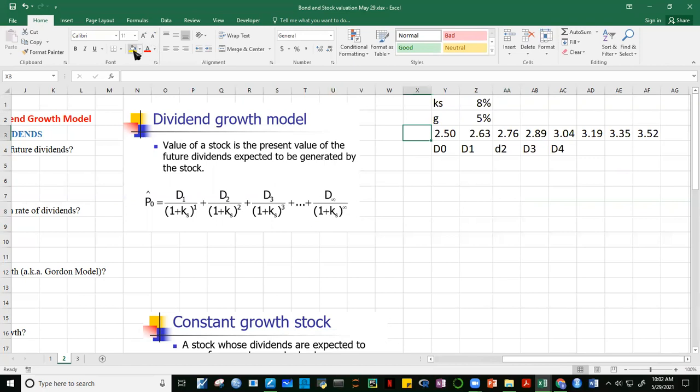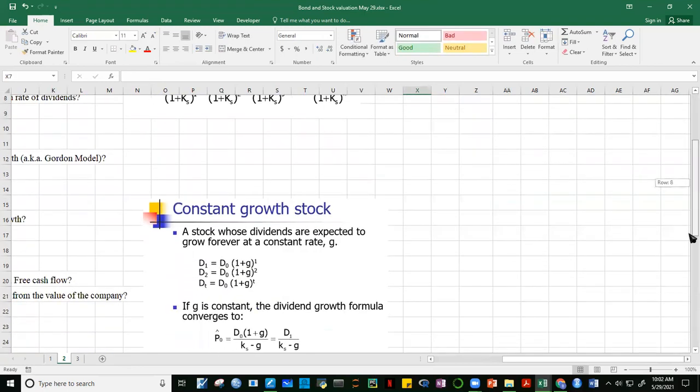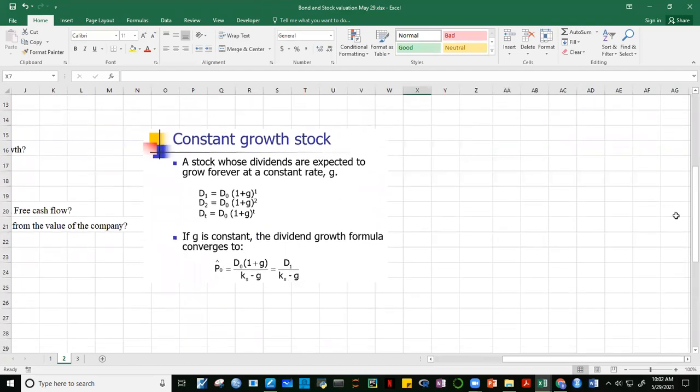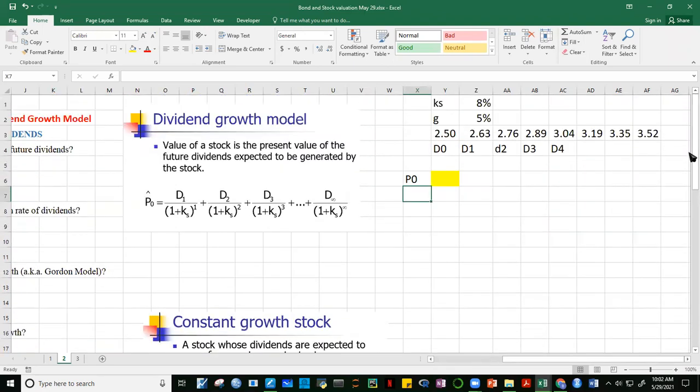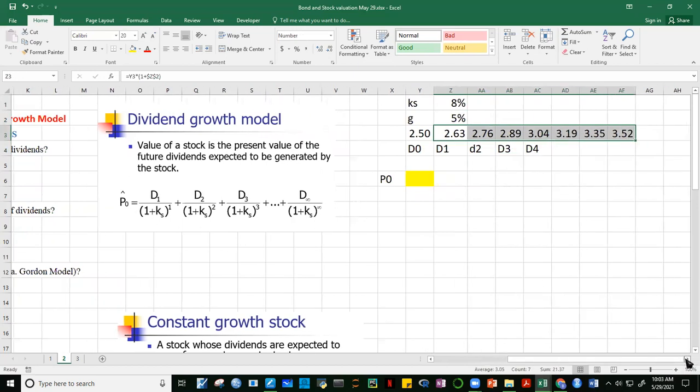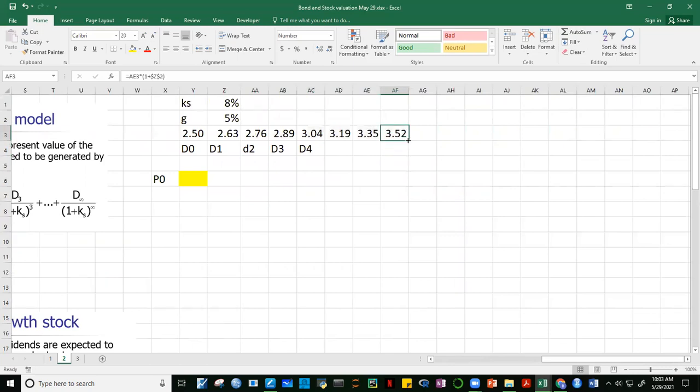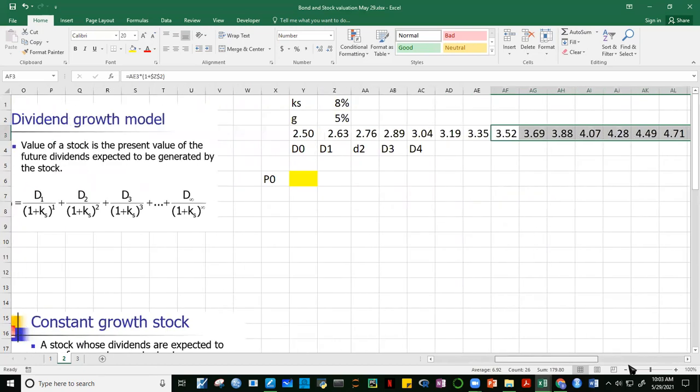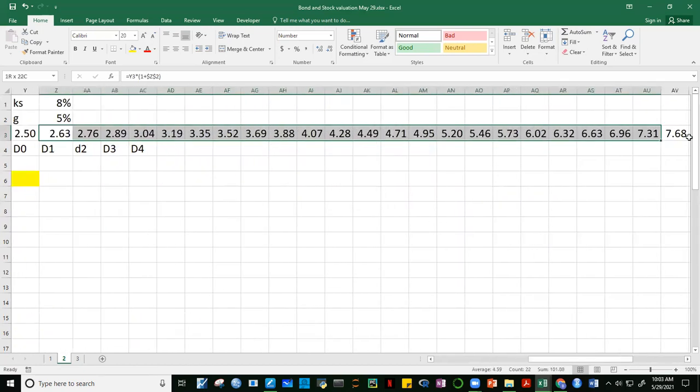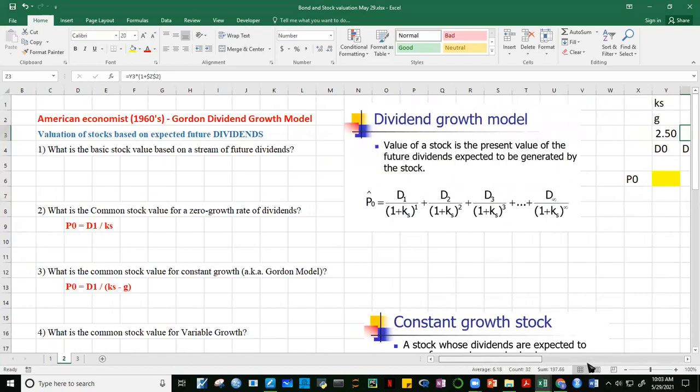The price of this stock, according to Gordon, the constant growth rate model, okay, is this one, D1 over K sub S minus G. So he's saying that if we know the growth rate, and it's assumed to be constant, constant, ibig sabihin, guys, tuloy-tuloy yan, gusto nyo hanggang 100 years, etc. He's saying that all of these dividends up to infinity can be replaced by one value.